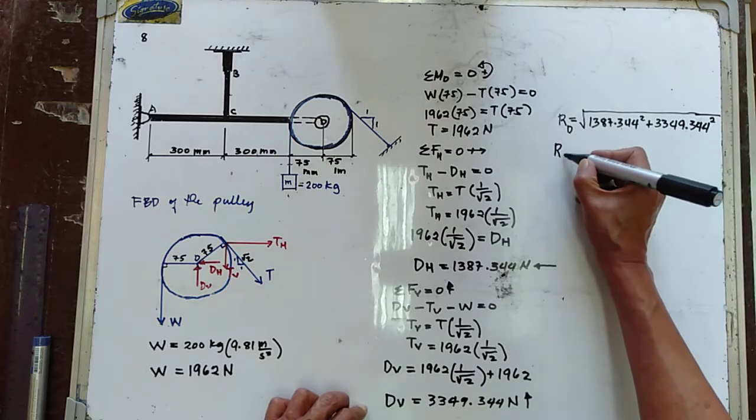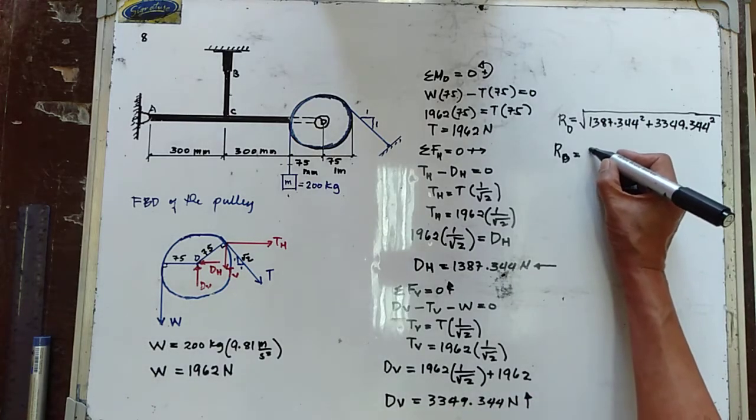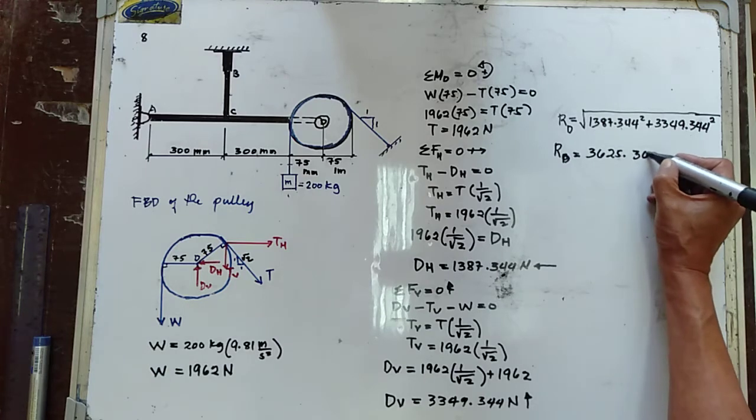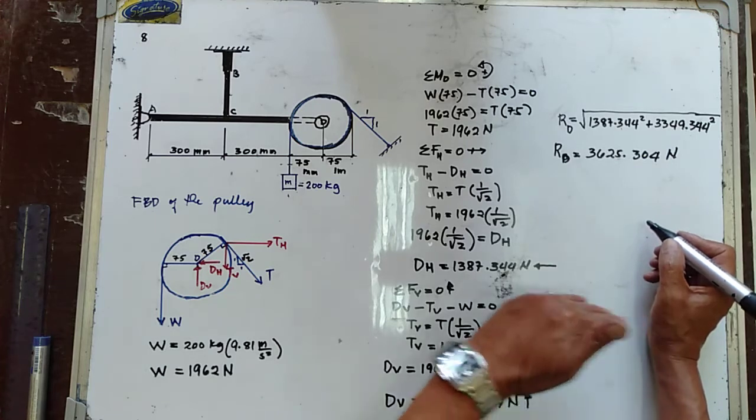Therefore, the total reaction at point D is equal to 3625.304 newtons. That is up to the left.